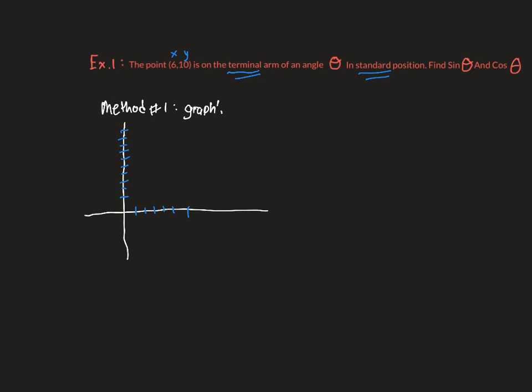So my point would be right here. Now it's just a matter of connecting it. Obviously, you should be using a ruler, and this should be straight. So that's my terminal arm, which means my angle would be from here. It's theta. I know it's there because it's a standard position, which means it has to happen from the origin.